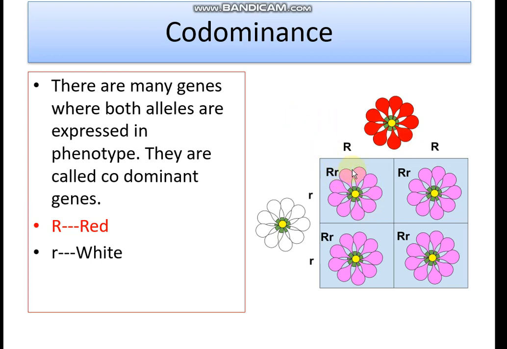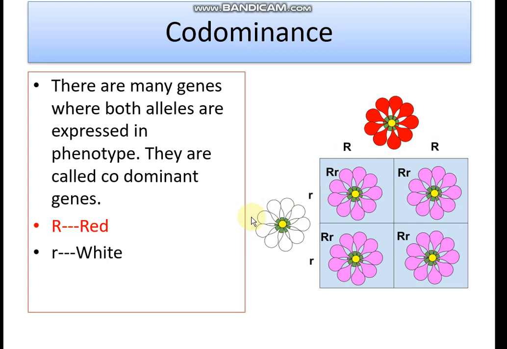But the red allele is not completely dominating the effect of the white allele, so we get an intermediate result, that is pink flowers. It means both alleles are expressing themselves. Both are dominant to each other, and such a relation is called codominant. These alleles or genes are codominant.